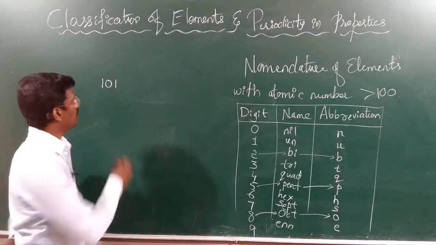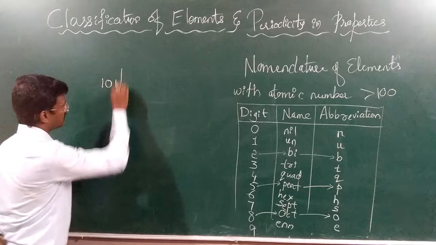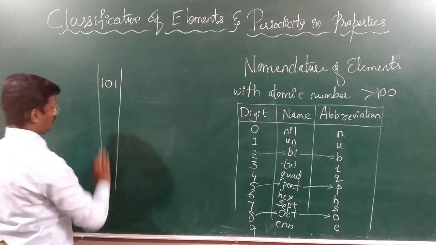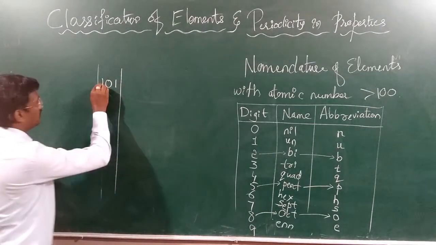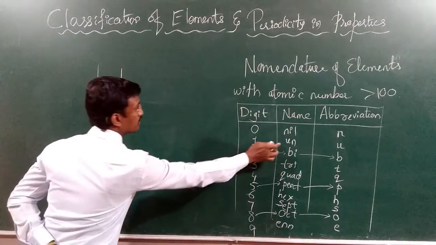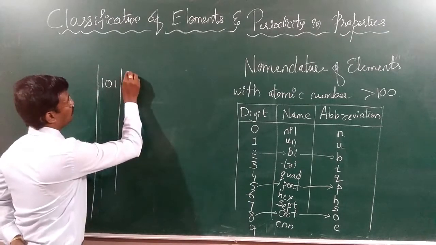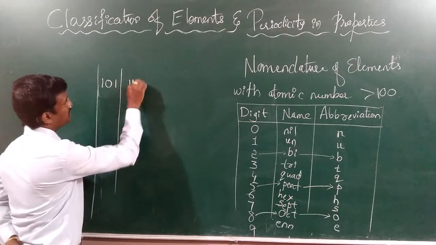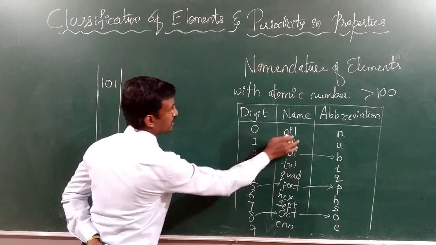Look how we have to say the name in sequence. The digits present in this atomic number are 1, 0, 1. So 1 is un, and 0 is nil.